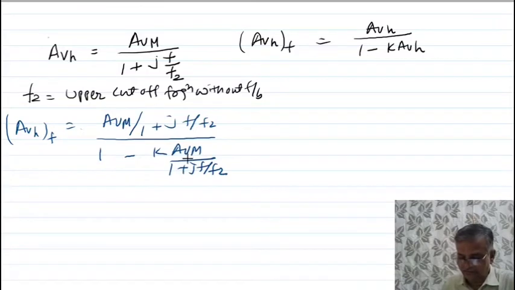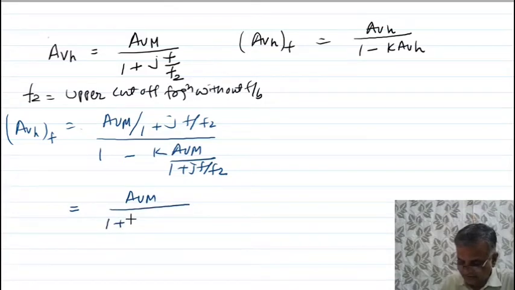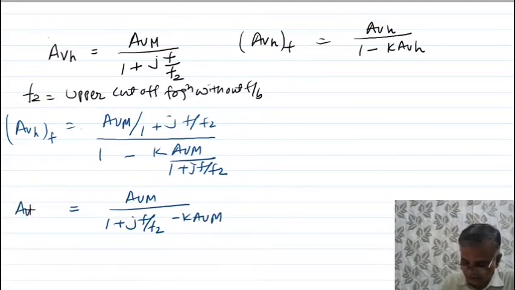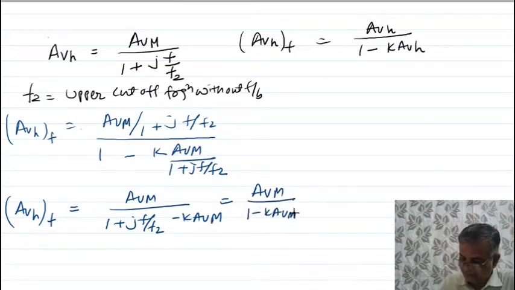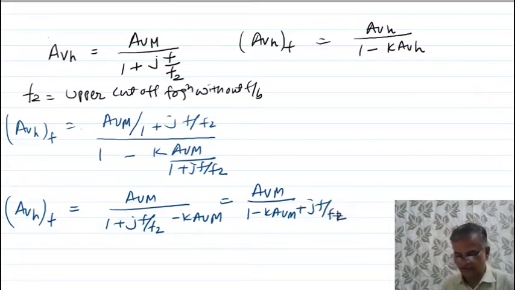I am taking the LCM. You are very good in mathematics, so I can write the next step in this way. This is the gain of the amplifier at high frequency with feedback: AVM upon 1 minus k AVM plus jf by f2. It is a simple mathematical step.